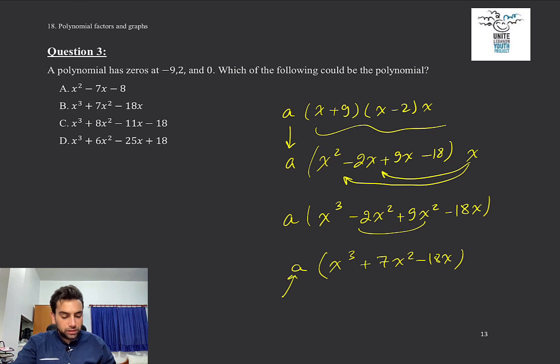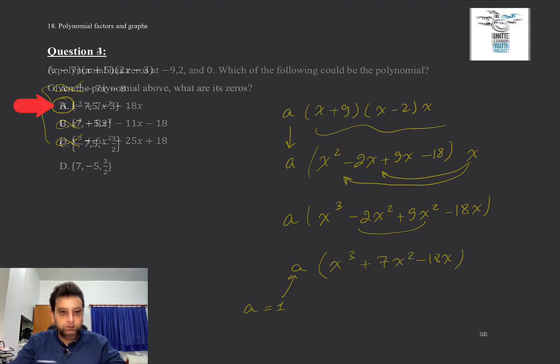This a could be any value. It doesn't depend on anything, but if you think of the choices that you have here, it's not going to be choice A, nor C, nor D. Thus, our only case here is when a is equal to 1, and my solution is part D.